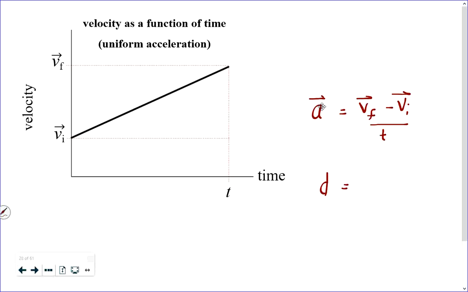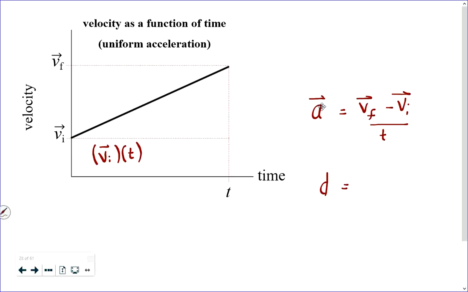So we can come up with another equation that has displacement in it because we know this area is the displacement. And the area of this rectangle at the bottom is the product of the length and the width. Are you with me on that? The length is t and the height is vi.